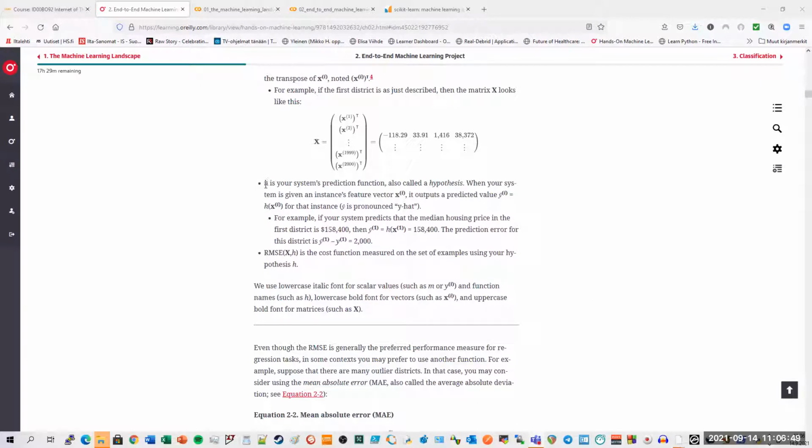So the h is the prediction function. In the previous chapter, it was the first order linear equation, constant plus slope times value x. In this case, when the system is given the instance feature vector x, it outputs the predicted value y.